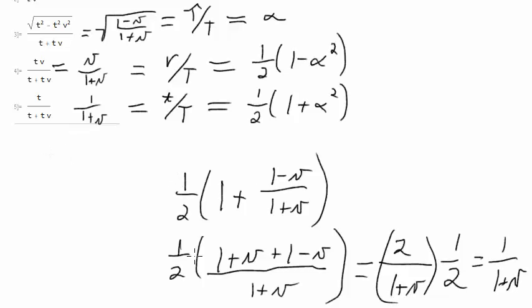So confirmed, because 1/2 of 1 plus alpha squared is equal to 1 over 1 plus v.